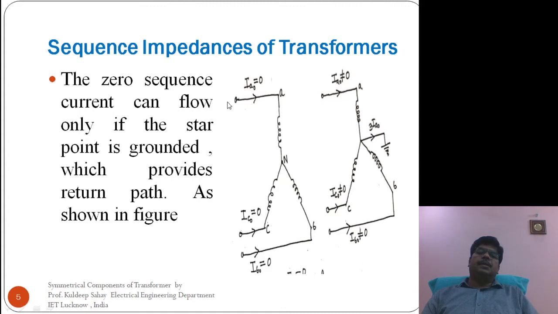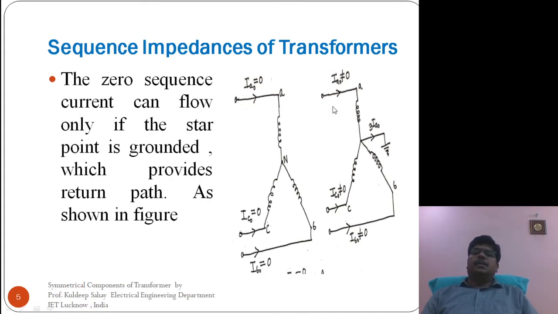So you can see that the zero sequence current IA0 for phase A, IB0 for phase B, and IC0 for phase C, all three are zero. While here in this diagram, you can see that the neutral point or star point is grounded, so there will be a zero sequence current.